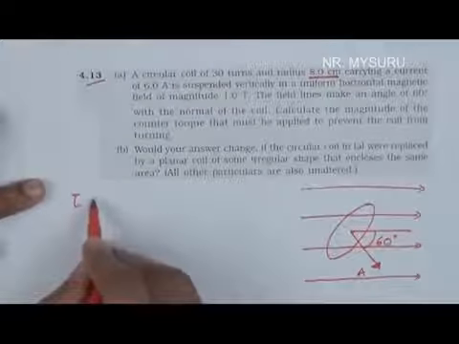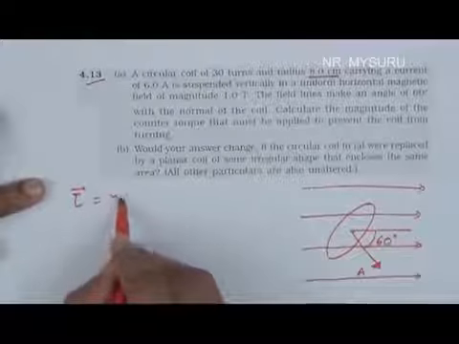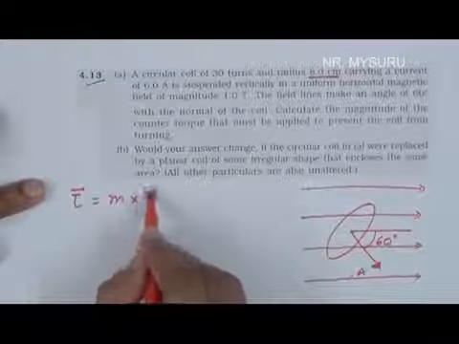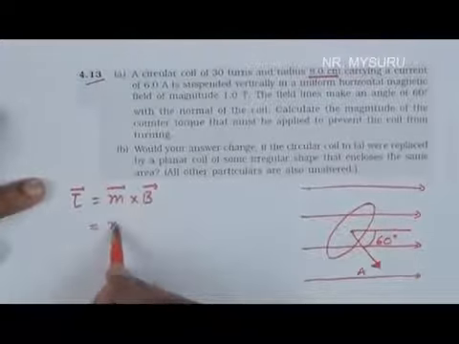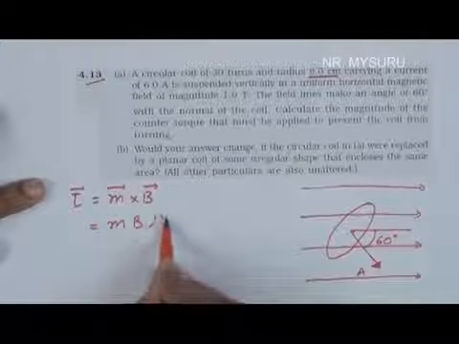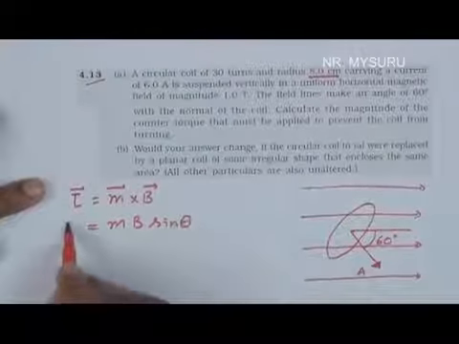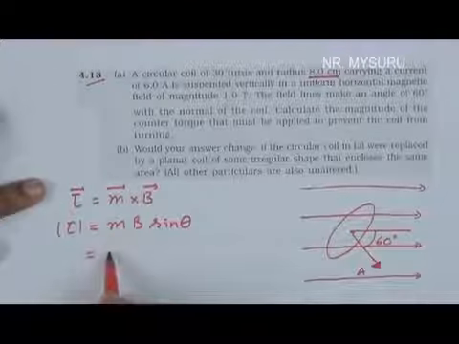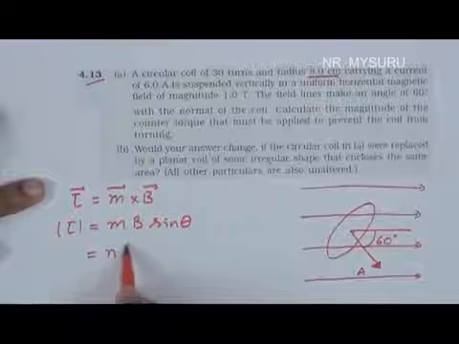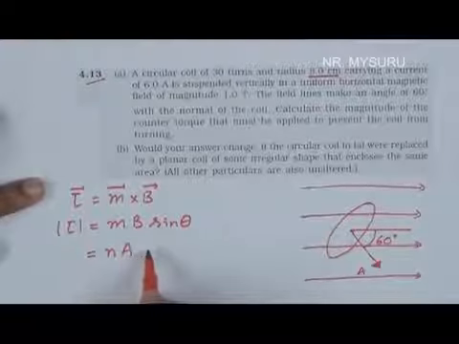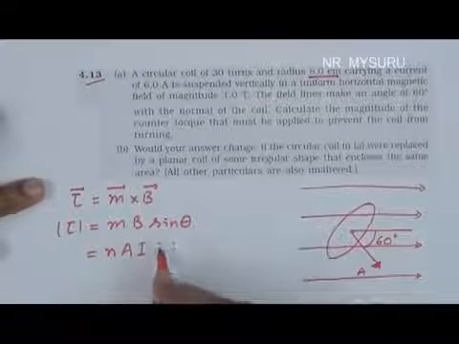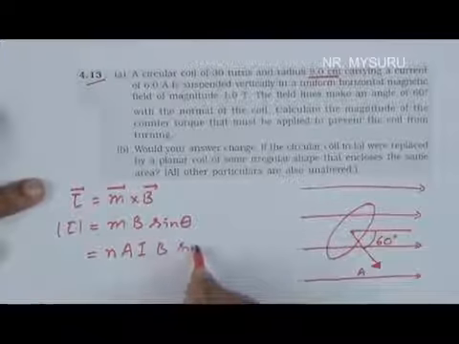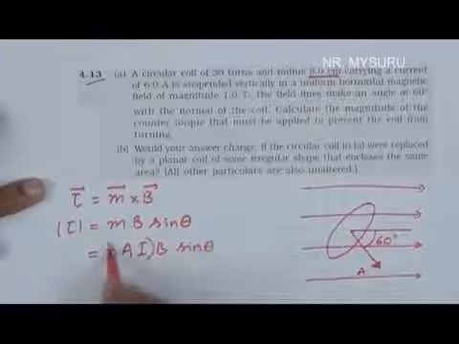So torque is given by M cross B. It is MB sin theta, magnitude of torque, but dipole moment is number of turns, area, into current, B sin theta. This is the dipole moment.